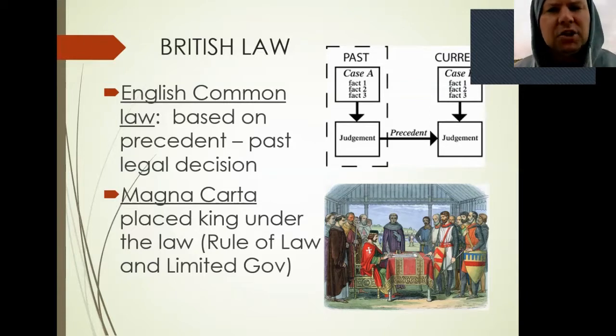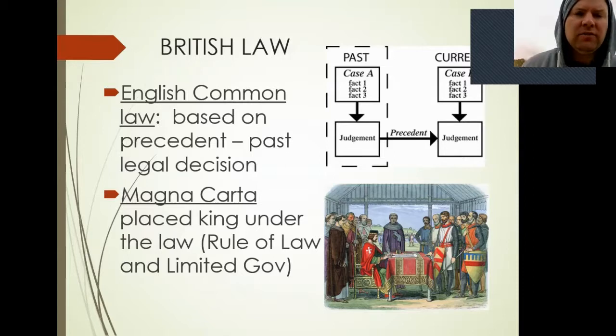So like I was saying, English common law is taking that collection of judicial decisions, judicial opinions, interpretations, codifying them, collecting them, so that judges can go read those decisions and use that as a basis to help them make decisions in the present. So if you look at the diagram there, you see past cases. If they're similar to the current case, you can use those to help you as a judge make your decision.